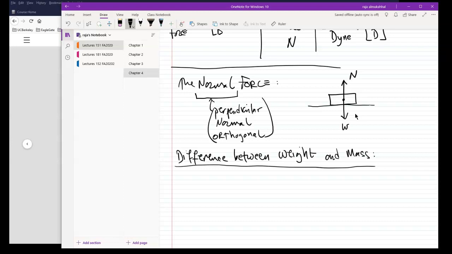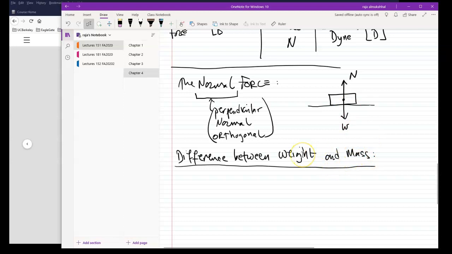The quantity of matter an object contains is the mass of the object. That's why we define density to be mass over volume, where the mass is the quantity of matter. For example, the book here is made out of paper or wood material, whatever you want to call it. That quantity of material is what we refer to as the mass, and it has the unit kilogram or gram.